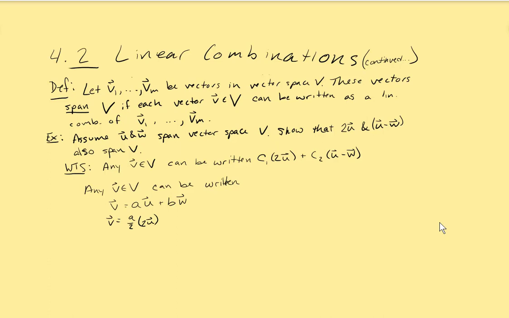To handle the next part, let's write b times w as b times u minus u, that's just the zero vector, doesn't change anything it's attached to, plus w.